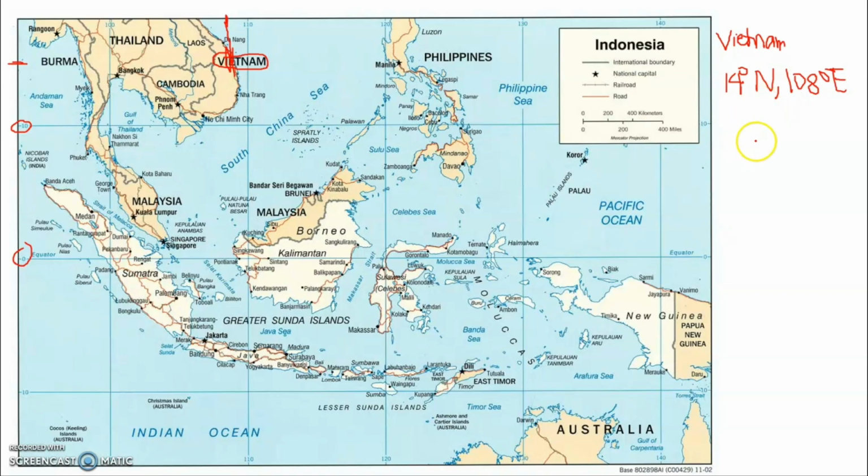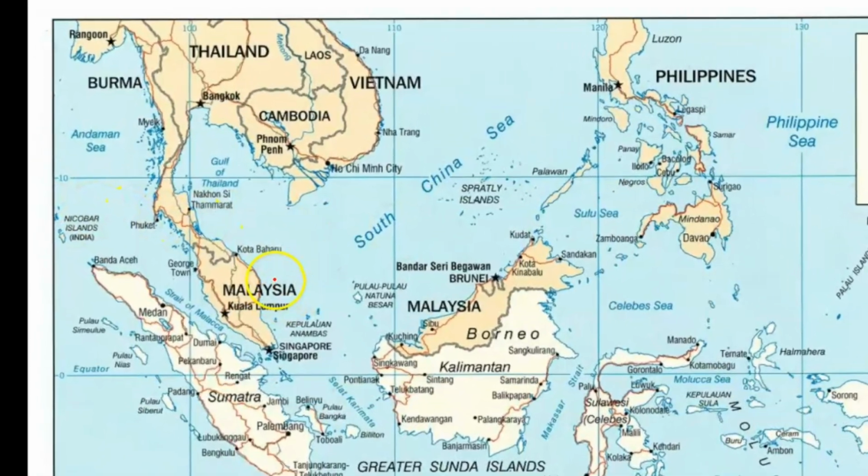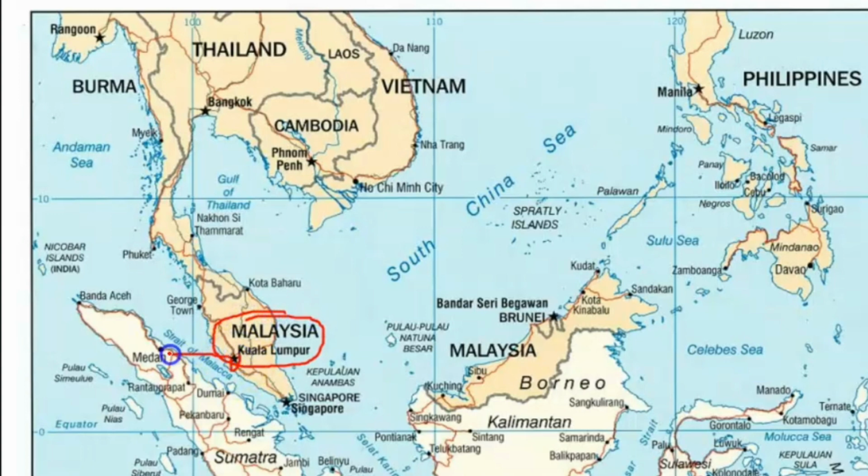Okay, now, how about for Malaysia? Malaysia, Kuala Lumpur, sabi natin siya ay nasa north at nasa east. Sa north, nasan ba yung Kuala Lumpur, Malaysia? Okay, this is Kuala Lumpur, Malaysia. Papatak siya na kung ito ay 0, ito ay 10, ibig sabihin yung gitna ay 5.